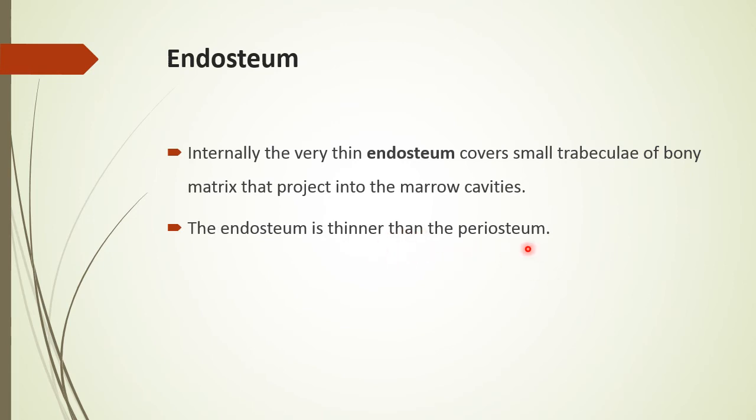The endosteum is thinner than the periosteum and contains many cells: osteoprogenitor cells, osteoblasts, and bone lining cells. It's found internally, covering the trabeculae of the bony matrix that project into the medullary cavity.